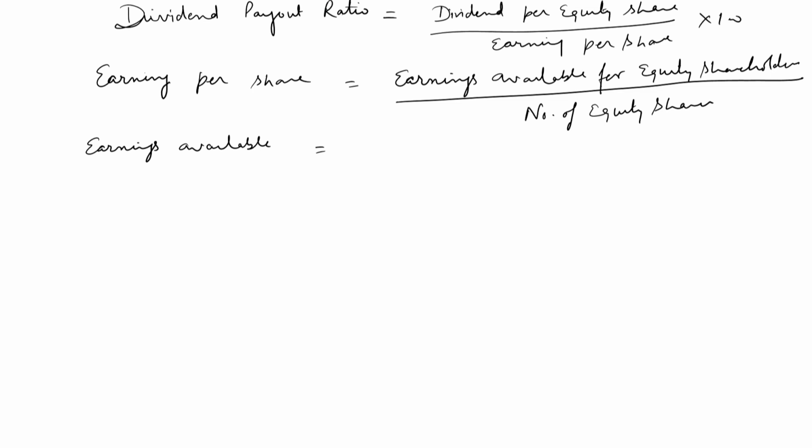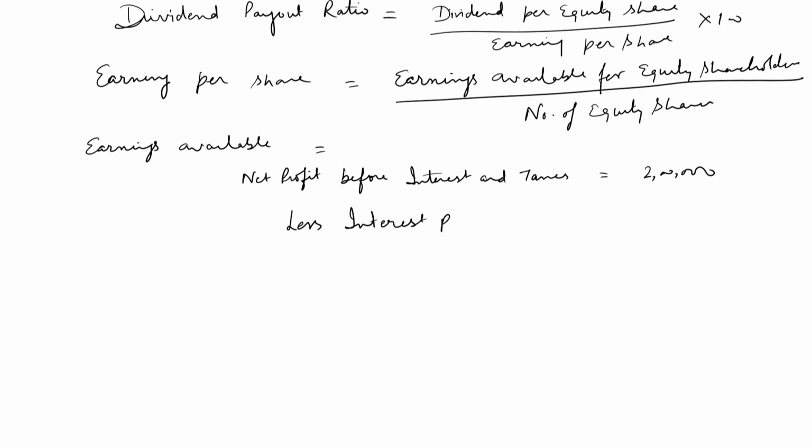So this computation of earnings available will be like this. We are given in the question net profit before interest and taxes, which is equal to 2 lakh rupees. Out of that we first deduct the amount of interest charges or the interest paid, which is given in the question, 30,000.